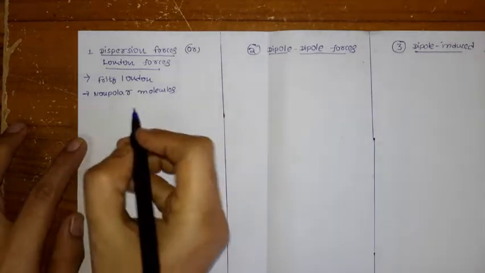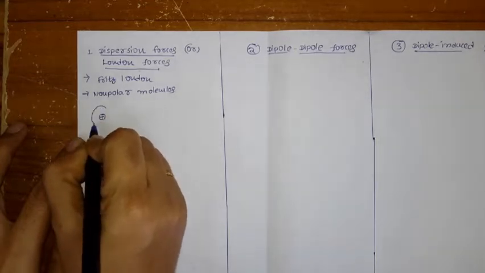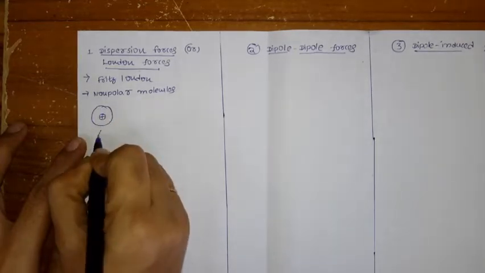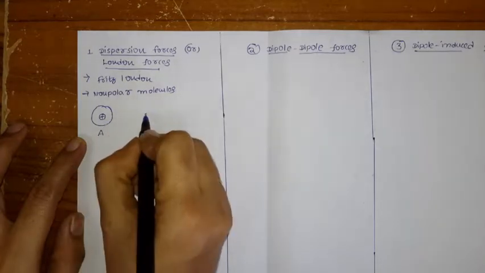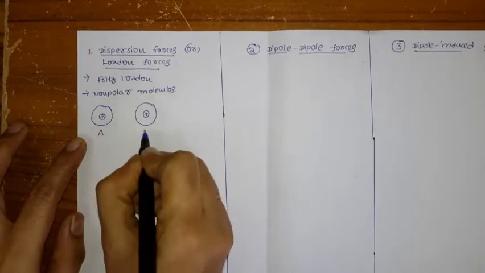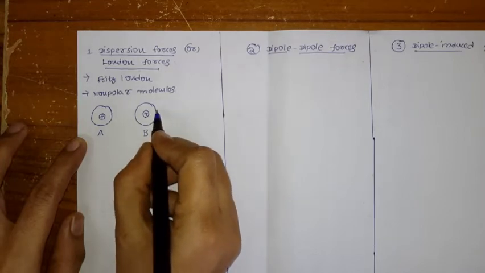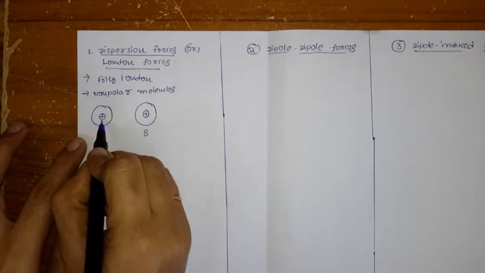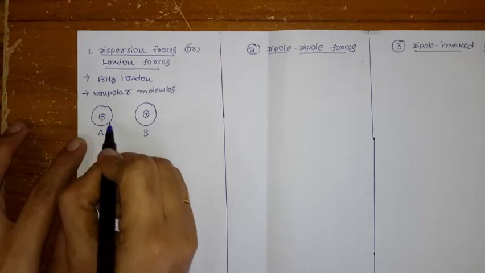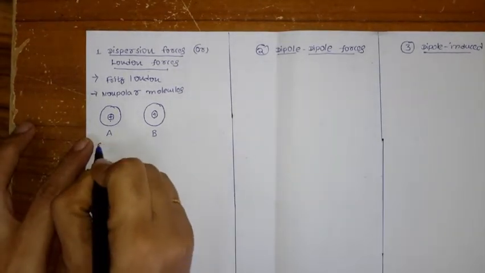For example, here we have an atom A and another atom B. Here is the nucleus of atom B, and around it we have the electron cloud. Here is the atom A nucleus, and around it we have the electron cloud.